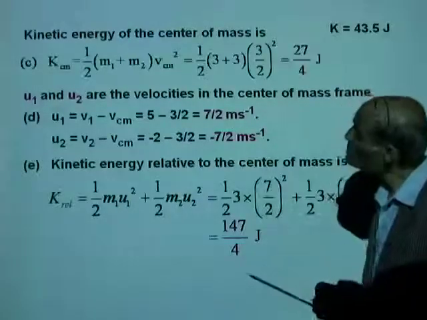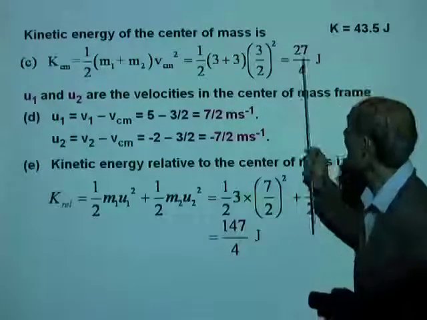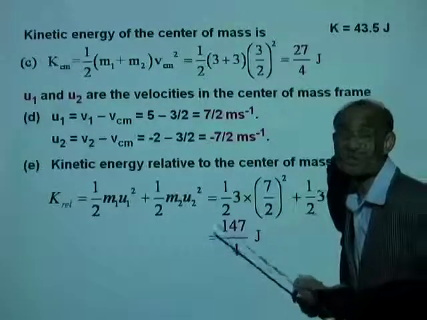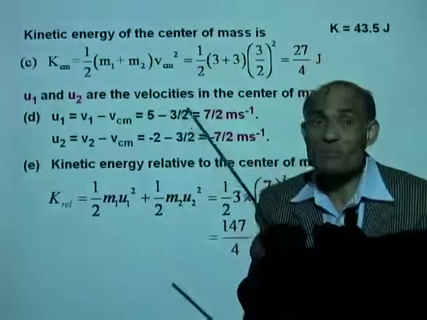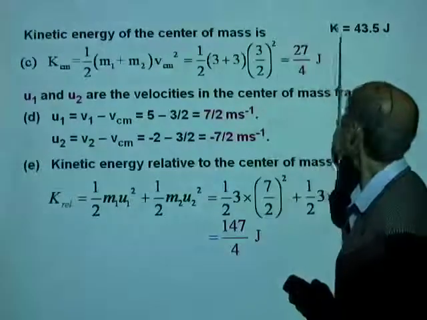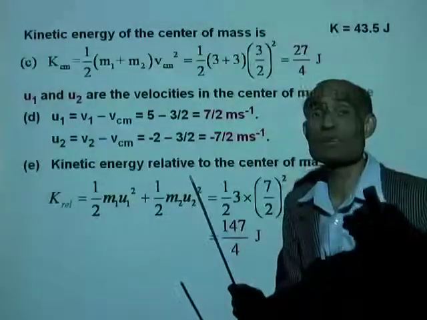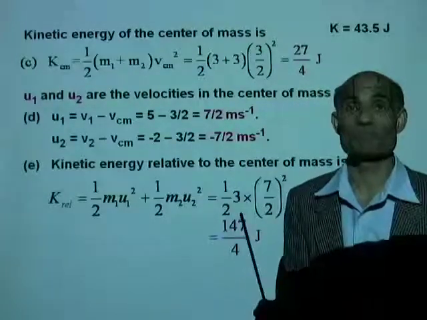Now, what are we supposed to do? We are supposed to show that adding the kinetic energy of the center of mass to the kinetic energy of the two objects measured from the center of mass equals the kinetic energy of the two objects measured from the laboratory reference frame.